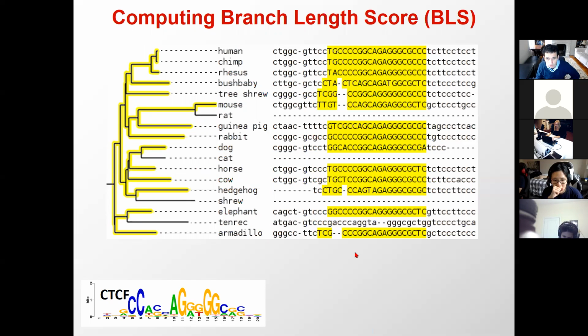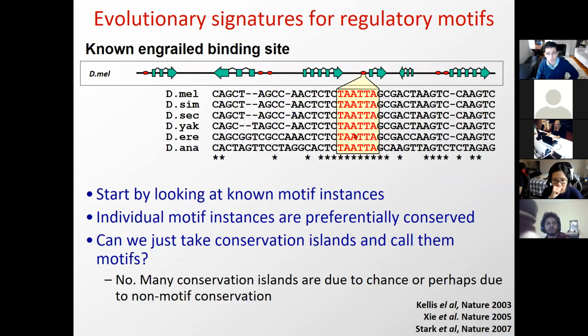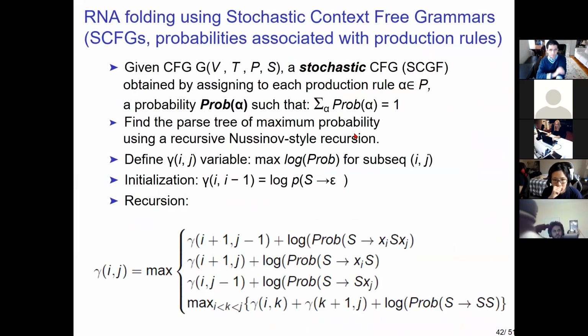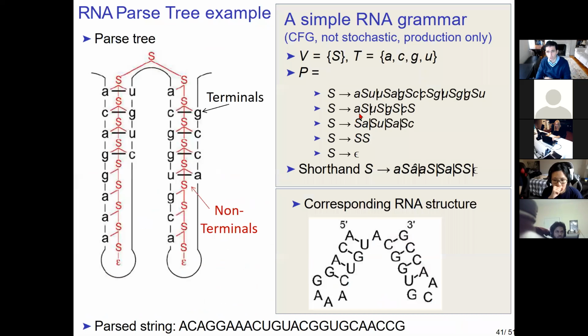How does the stochastic context-free grammar come up with new RNAs? It seems like we'd only categorize RNAs based on grammars most likely to generate. So for the stochastic context-free grammar, the way that it works is that you learn a general grammar for RNA classes.